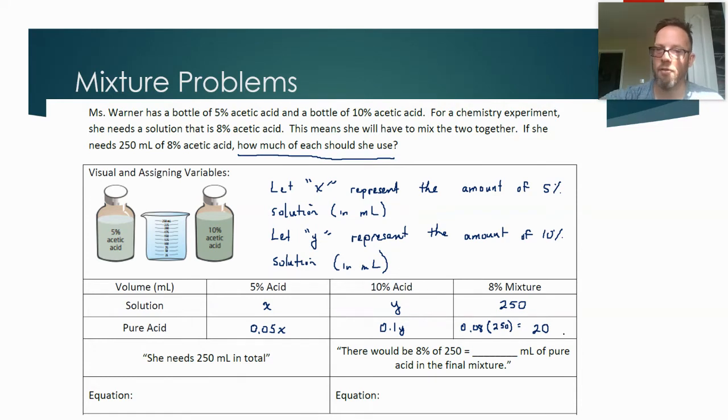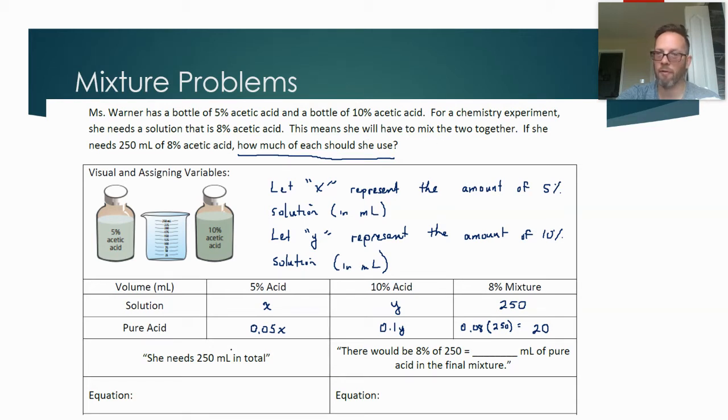That 20 is nowhere to be found in the problem. 8% of 250, I had to do that myself. So let's bring up my calculator. 0.08 times 250, it is 20. So the amount of acid in the mixture is 20 milliliters, and then it'd be 230 milliliters of water. Again, that's something you're going to have to just remember as you do mixture problems. Again, 20 doesn't appear anywhere in our question, but now we're good to go.